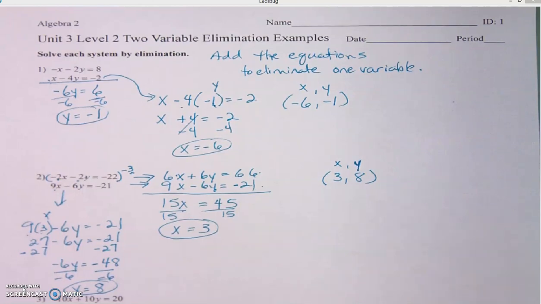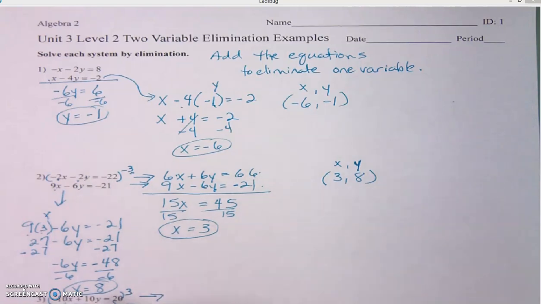So say, for example, if I want to make this 30, I'm going to multiply this by a positive 3. I'm going to multiply this by 10, but I need the signs to be different, so I'm going to multiply that by a negative 10.